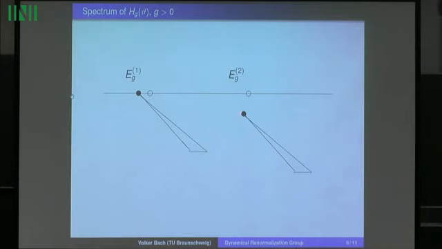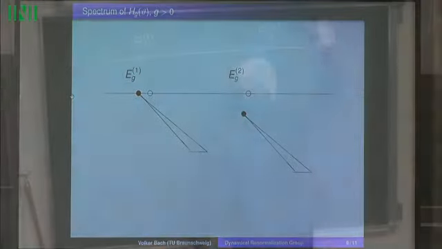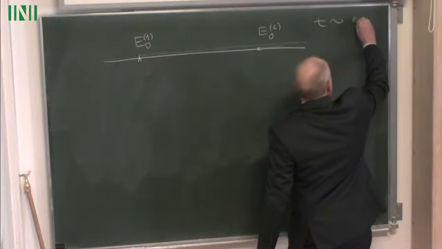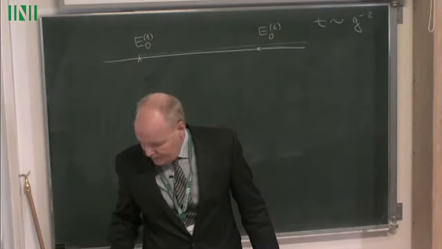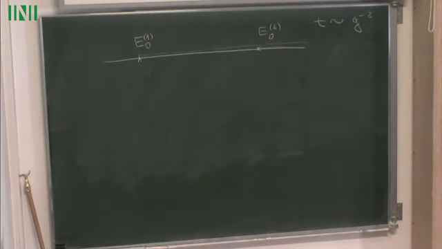Having this resonance eigenvalue now in the lower half plane, with imaginary part being of order g squared, establishes the time scale that I had just displayed here, t proportional to g inverse squared.